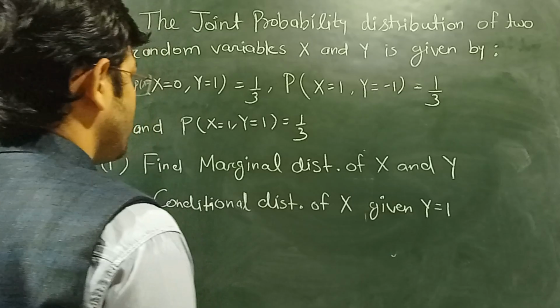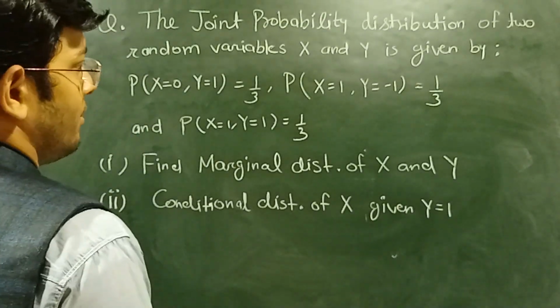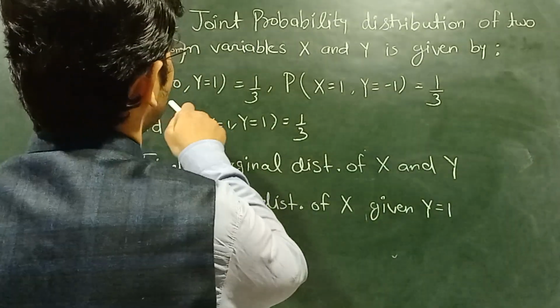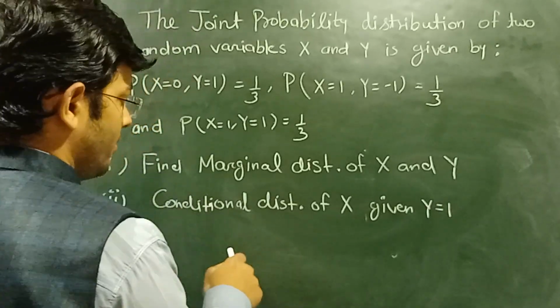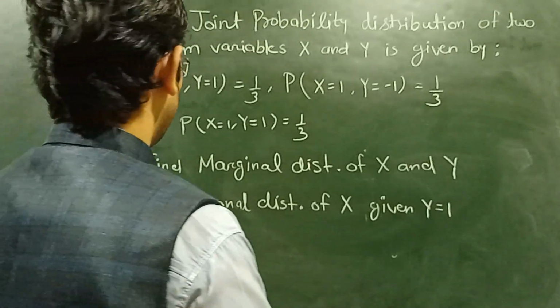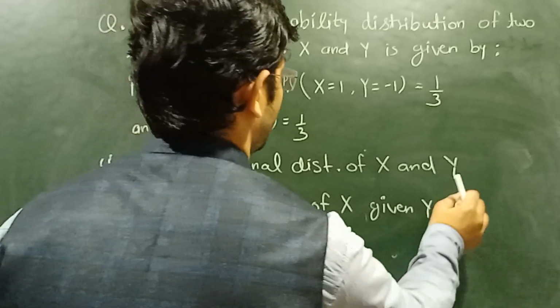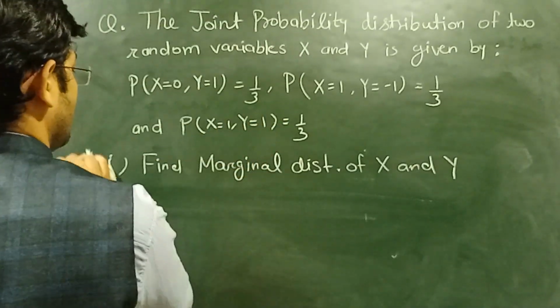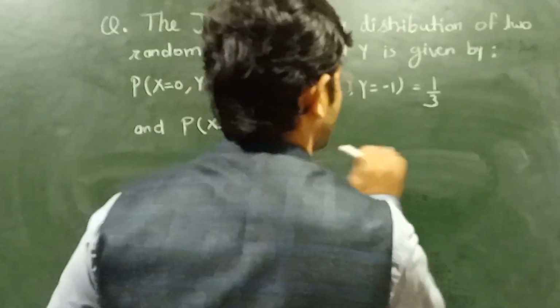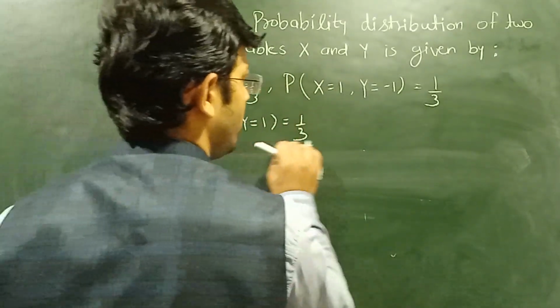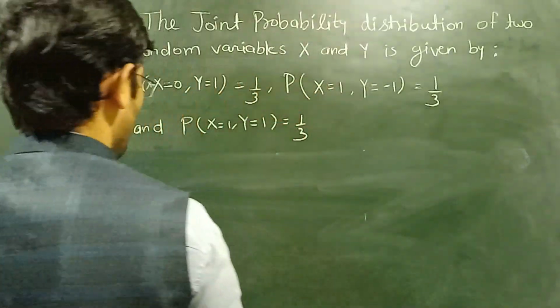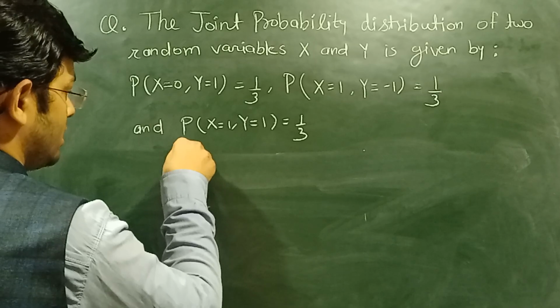So firstly, what we have been given in the question, in the equation. How can we make the table of the distribution function?